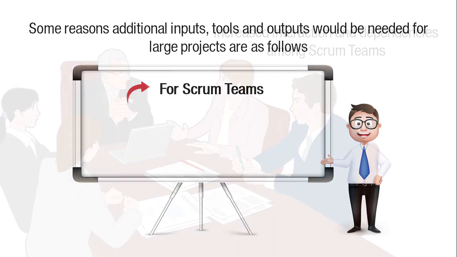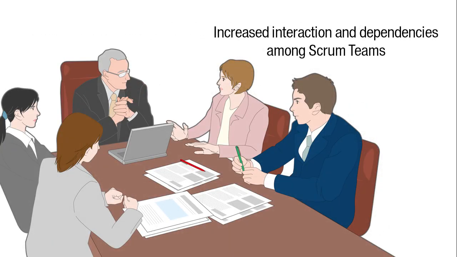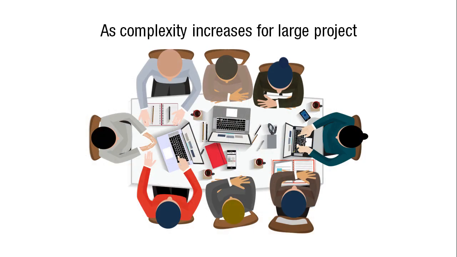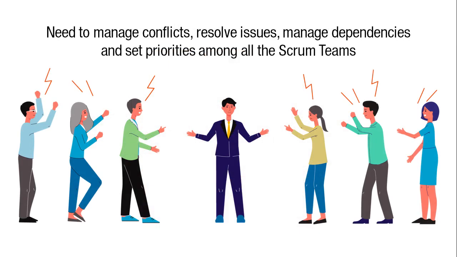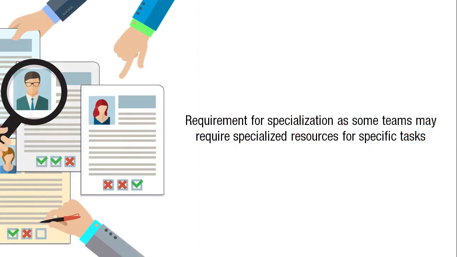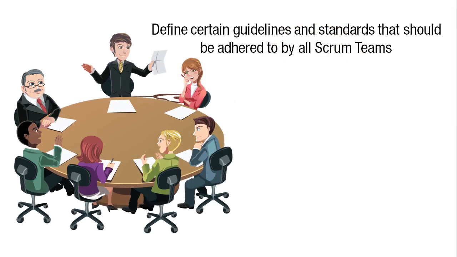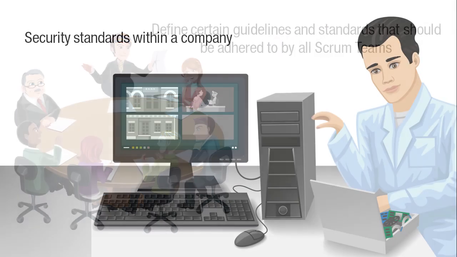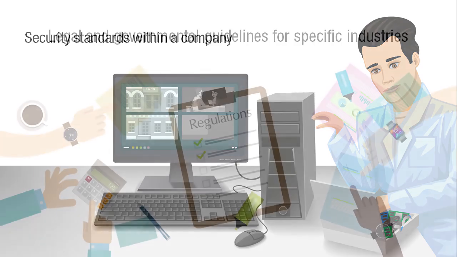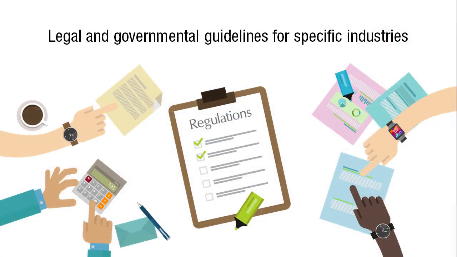For Scrum teams: increased interaction and dependencies among Scrum teams as complexity increases for a large project; need to manage conflicts, resolve issues, manage dependencies, and set priorities among all the Scrum teams; requirement for specialization, as some Scrum teams may require specialized resources for specific tasks, and these particular skill sets are not needed on all Scrum teams; necessity to define certain guidelines and standards that should be adhered to by all Scrum teams, for example, security standards within a company or legal and governmental guidelines for specific industries.